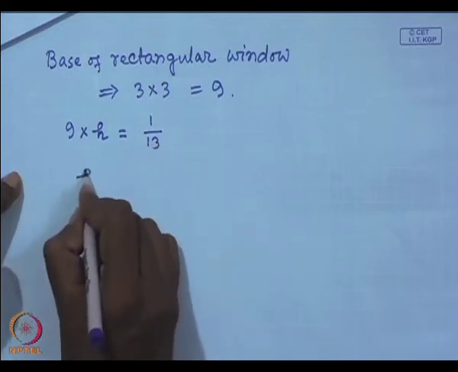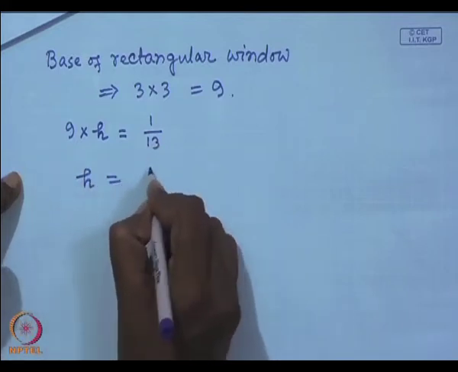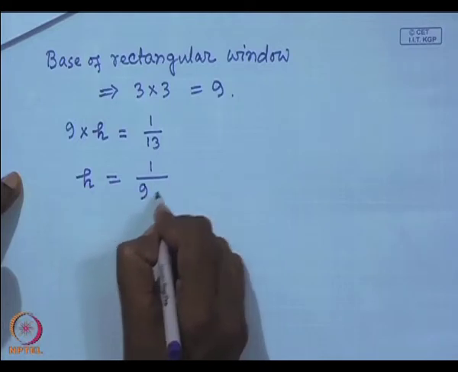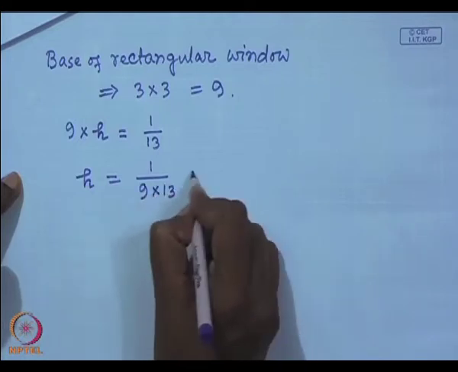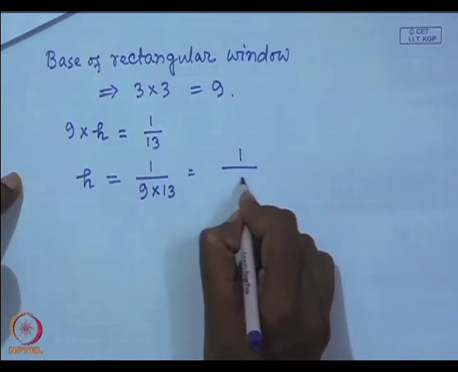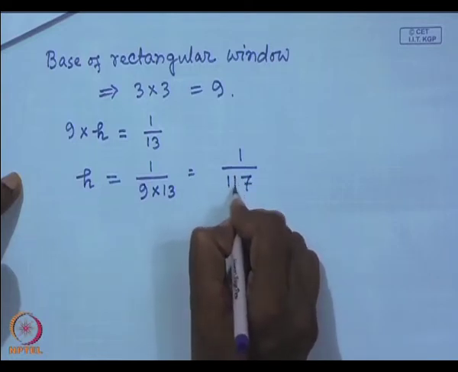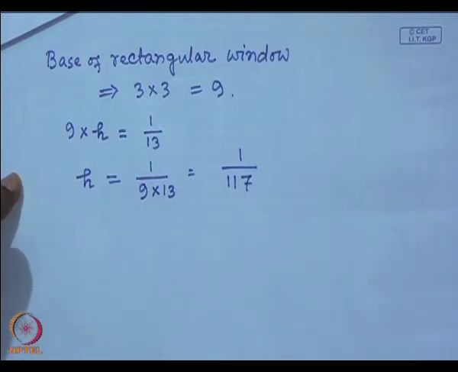So, obviously, the height of the box has to be 1 upon 9 into 13, which is equal to 1 upon 117. Okay. So, I have decided what is my kernel function or window function.